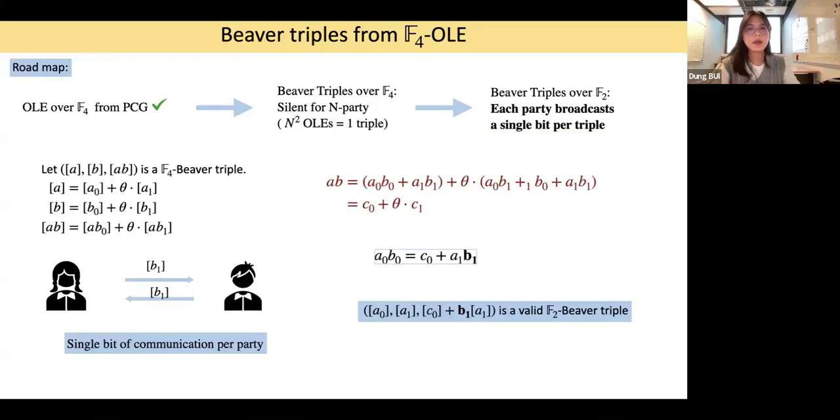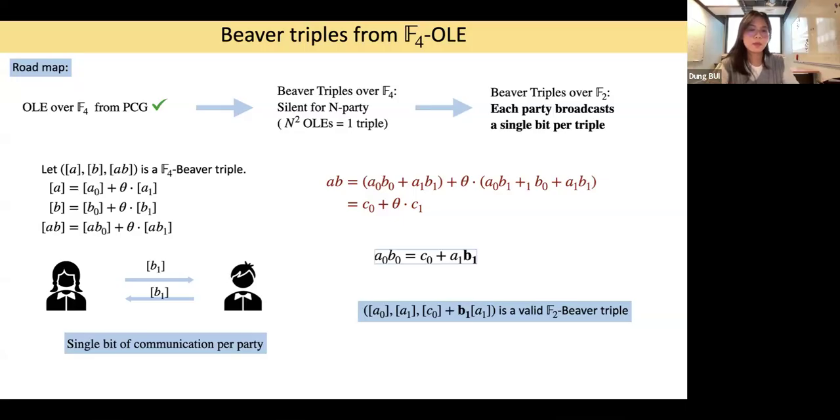It is a very cute trick. We start with each party having the same multiplication operation, called the F4 pivot triple. So A, B, and A times B, and each party gets the same of it.